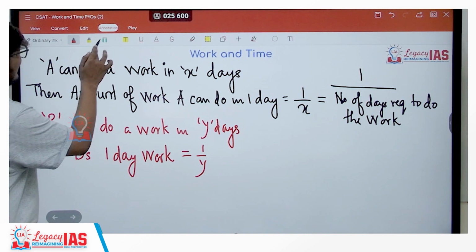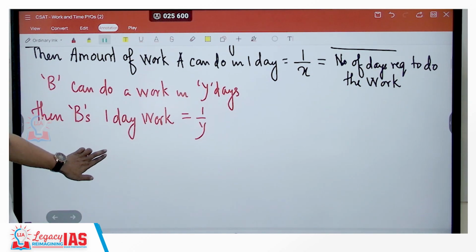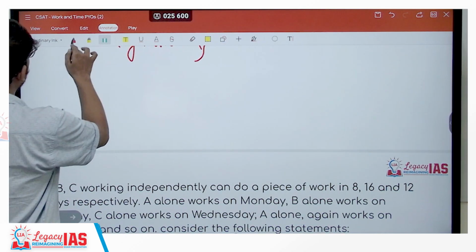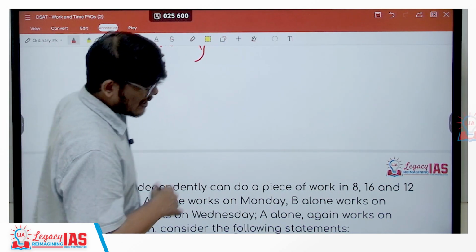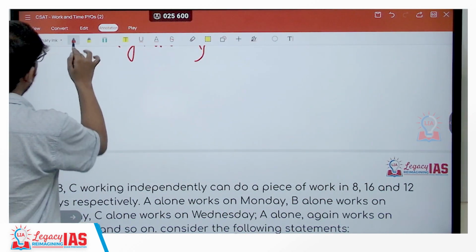Now, let's say for example, if A and B work together, then what will be their 1 day work together? Let's understand.